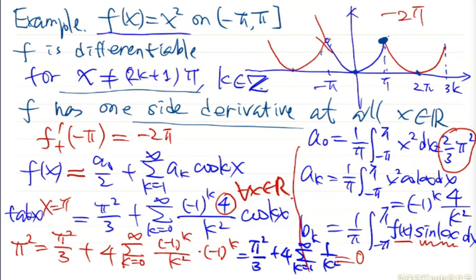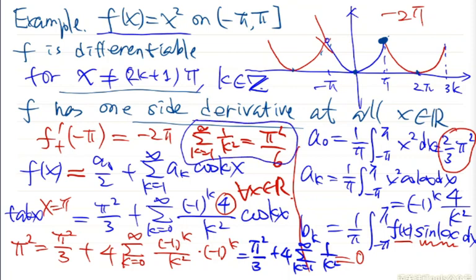We conclude that the sum of 1 over k squared: you move the pi squared over 3 to the left, you obtain 2 pi squared over 3. Then divide by 4, and you obtain the sum of 1 over k squared is pi squared over 6. Therefore, using Fourier series, we have an amazing result: summing up 1 over k squared, you obtain pi squared over 6.